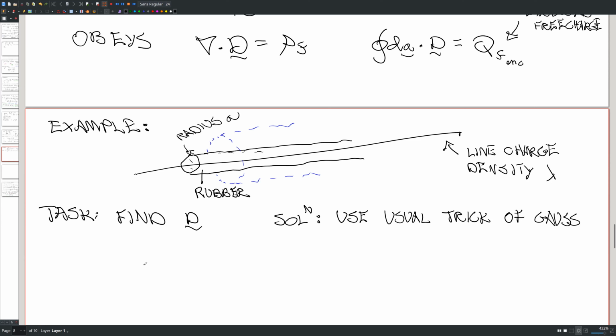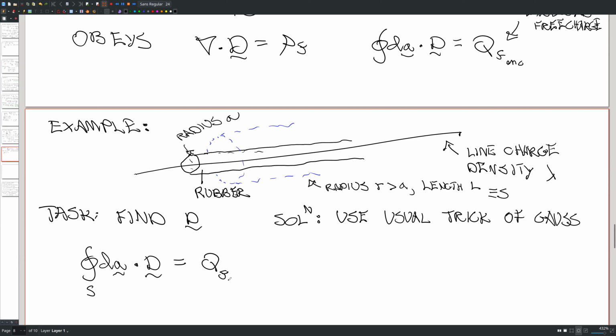Okay, so what does that tell me? So let's do that, right? So let's imagine that I've got this Gaussian surface here, and it's at radius r greater than a, and it has length just L. So this is my definition of the surface S. So I have that the integral dA over S dot D has to be equal to Q_F enclosed.